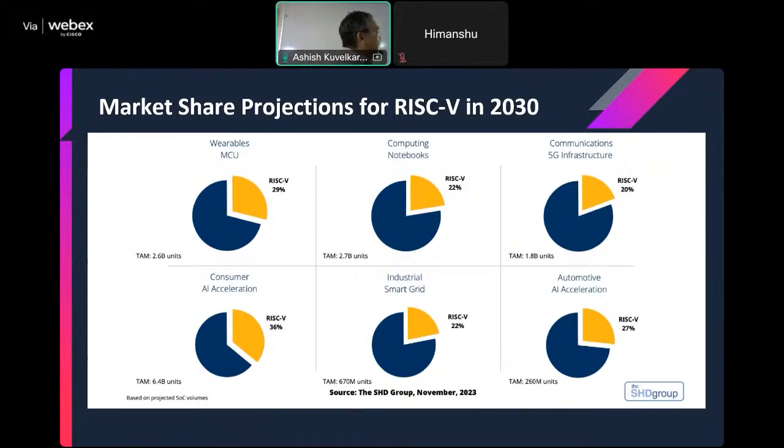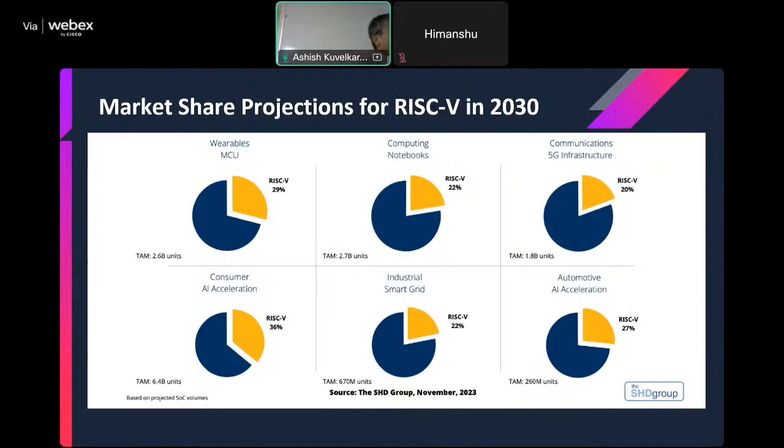The scalability of the architecture, like I said, adding custom instructions, being able to support it through safety mechanisms, adding security extensions to it, does make it a viable architecture for automotive and industrial applications too. So the 16 billion split that I showed earlier largely maps into the markets like this.